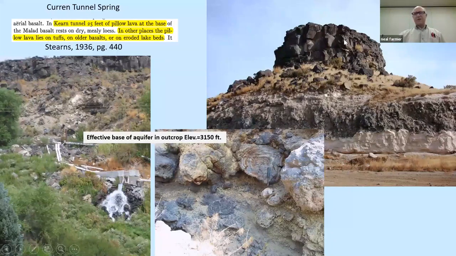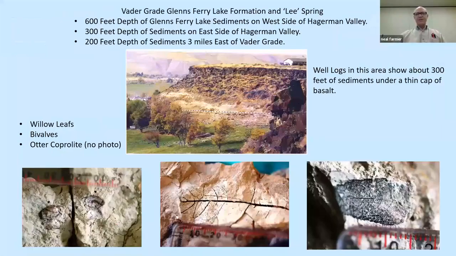Typically blocky basalt that overlies the brecciated pillow zone, which then will lie on top of the tertiary sediments. In this image, this is beta grade nearby. In the background over here are 600 feet of Glenns Ferry tertiary lake bed sediments.